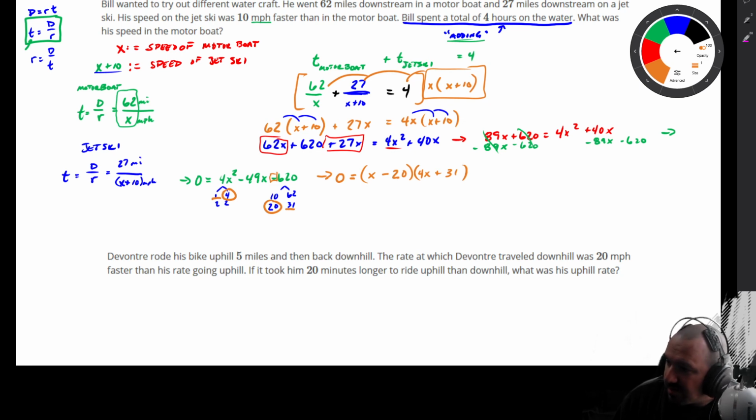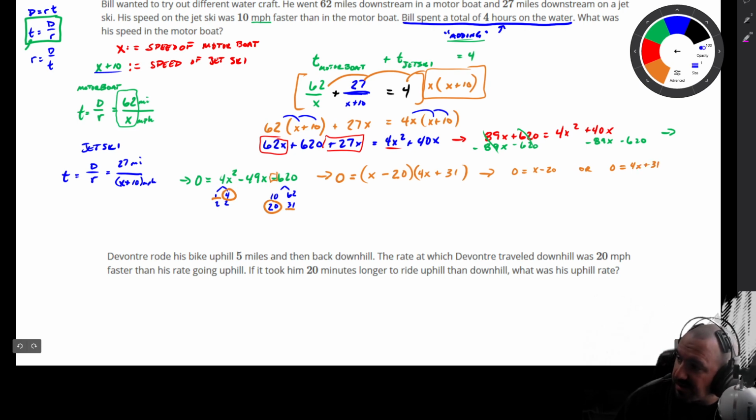That means that if I have two numbers that multiply to give me a 0, by theorem, not by assumption or by definition, but by theorem, then one of these numbers must be 0. Which one? I don't know either. So we just test both of them. 0 is equal to x minus 20, or 0 is equal to 4x plus 31.